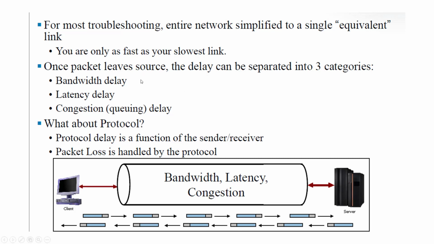So as we can see here on this slide, when the packet is leaving the source, we can have three categories: the bandwidth delay, which is the time to insert the bits on the link, and this is also called the serialization delay. Then we have a latency delay, which is also called the propagation delay. Again, this is the time for the first bit of a packet to reach the destination.